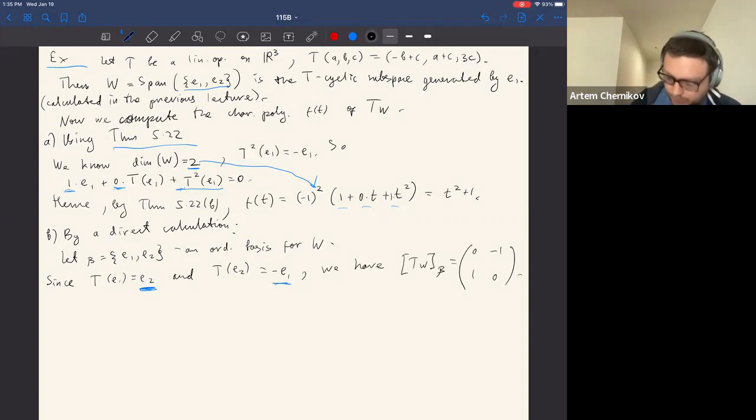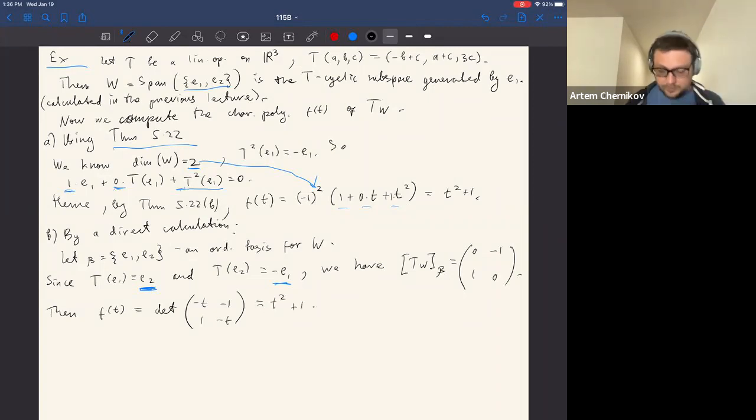Okay, but once we know the matrix, we can calculate the characteristic polynomial as usual using the formula in terms of the determinant, right? So then we have that f of t, by definition, is the determinant of (minus t, minus 1; 1, minus t). So I already plugged in the formula for the characteristic polynomial. And if we calculate this, it's of course just again t squared plus 1, right?